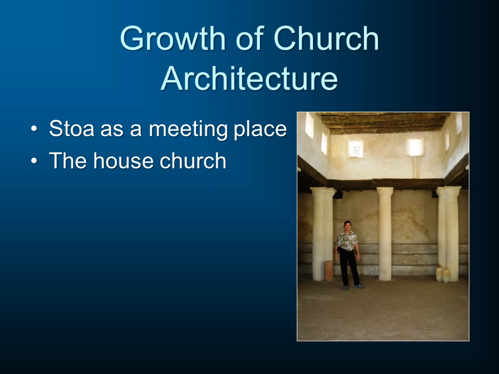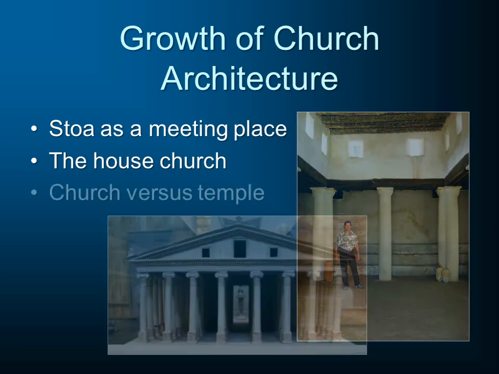For example, if you go to Capernaum, you'll see what was thought to be the house of Peter, but then over top of that was built a church. Once Peter had died and the house wasn't being used for that purpose anymore, still perhaps as a meeting place, there was built a church, and yet it had a different shape. We're going to see the octagonal shape being used for the church.